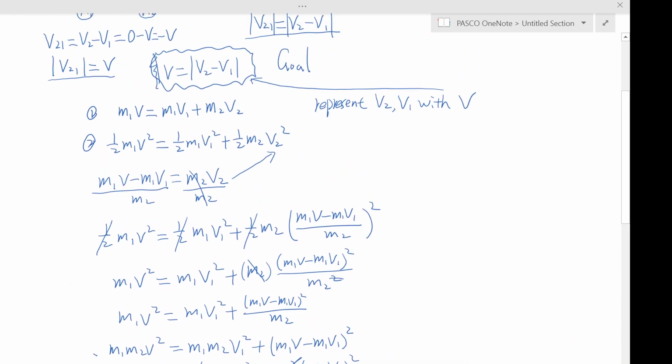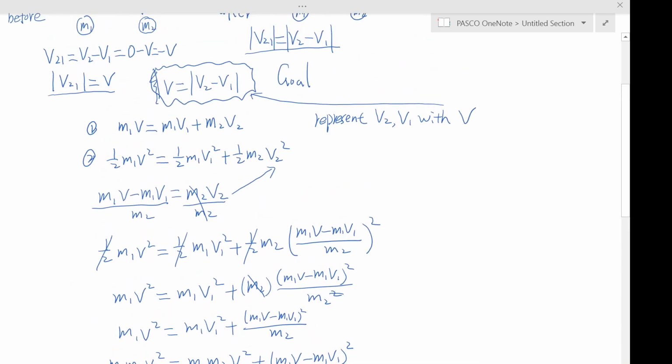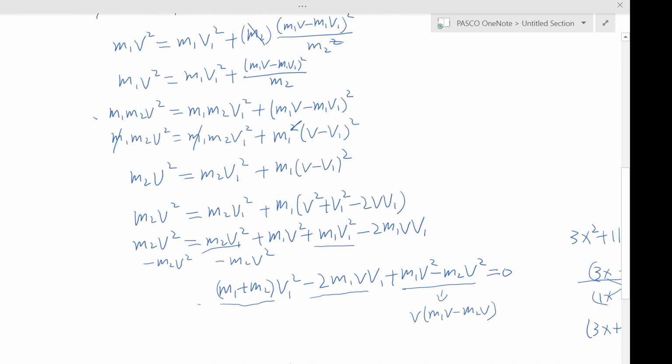Let's plug it back into the equation here. Since we represented v1 with v, when we plug it in, we have v2 and v in the same equation, then we can represent v2 with v. All right, so let's do that.